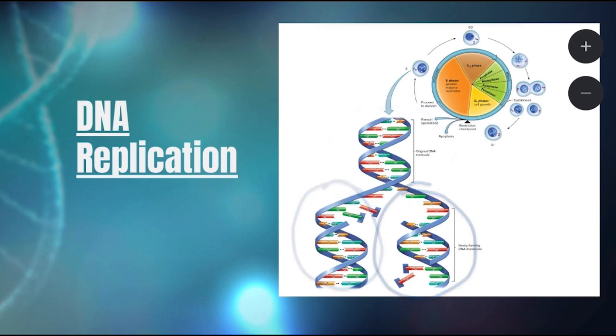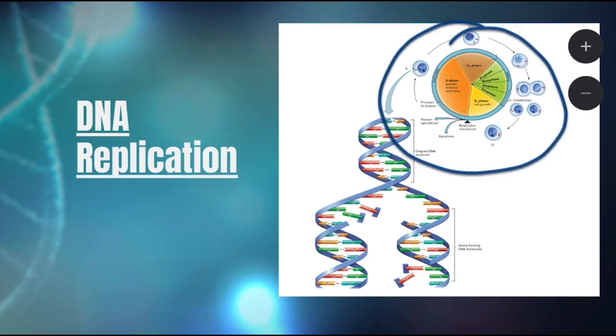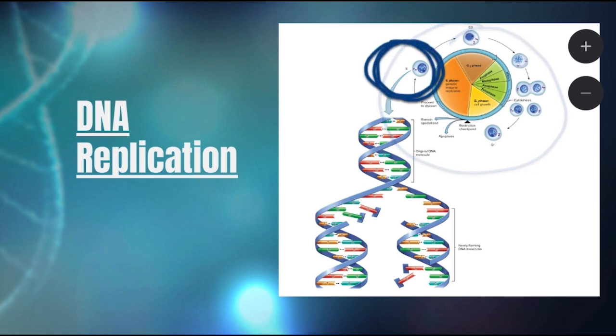The DNA molecules are also being shown being separated and forming two new cells. The image up here shows the different phases of the cell cycle, which are G1, S, G2, and M. If you recall from my last slide, DNA replication happens in this S phase right here.